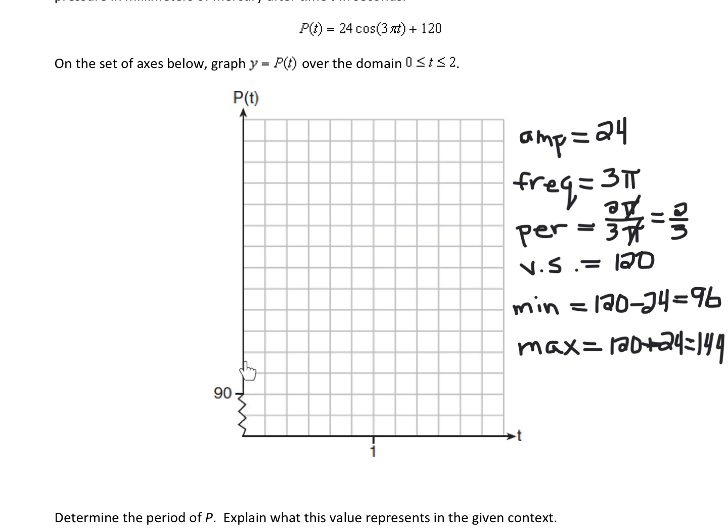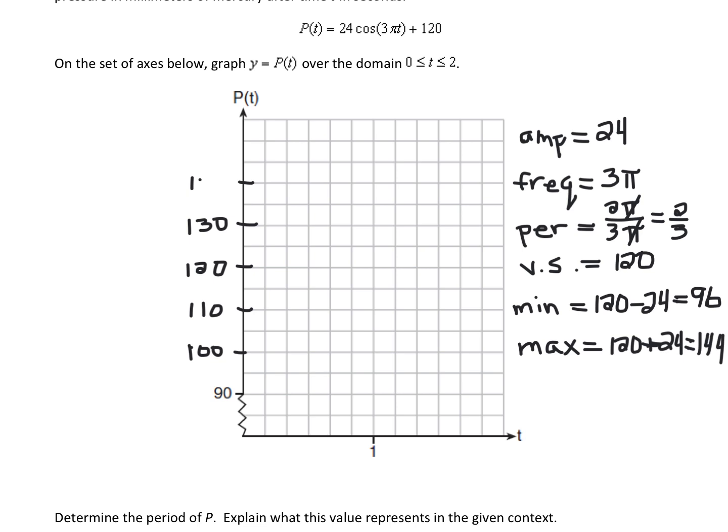So I'm going to jump by 5s along the y-axis, which is technically our P of T axis. I don't want to squish all those numbers, so I think I'm just going to skip 2 boxes and put 100. Skip another 2 and put 110. Make sure you're leaving the same amount of space in between each of these labels.